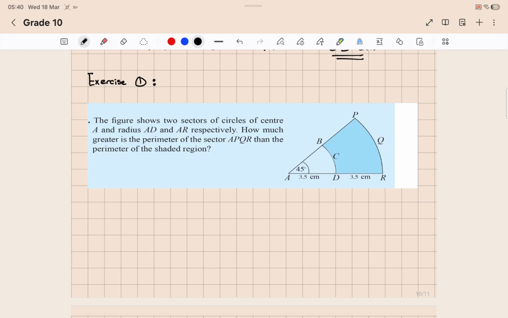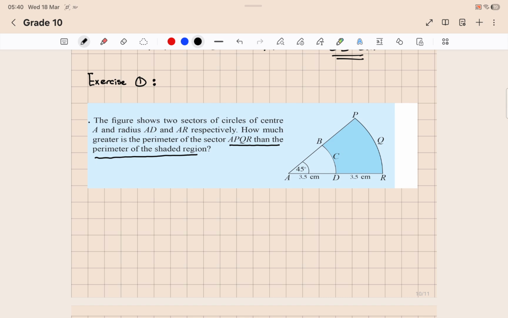Small sector has AD radius, the bigger sector has AR radius. How much greater is the perimeter of the sector APQR than the perimeter of the shaded region?